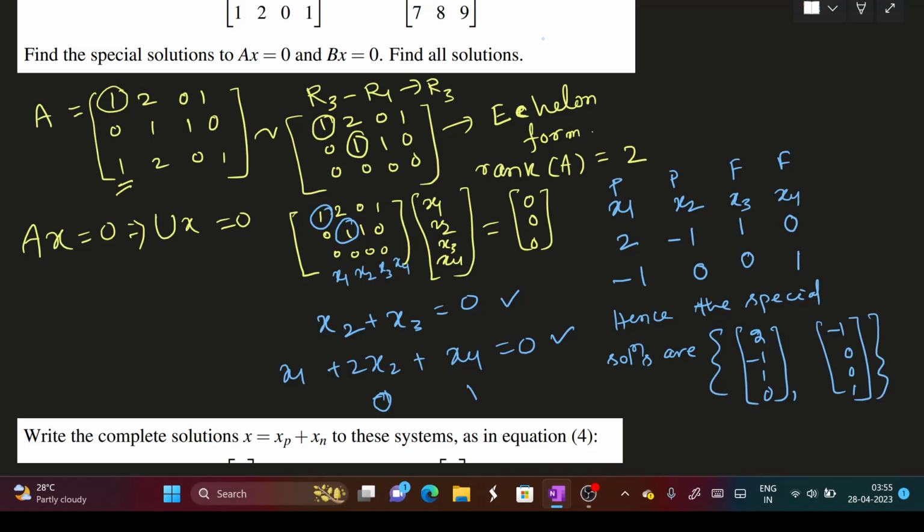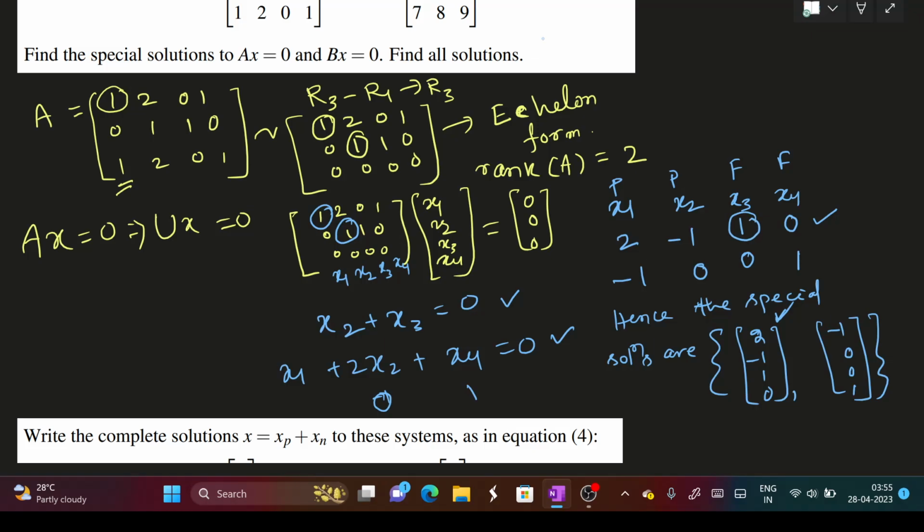I can stop here also. If I have interest, then if I am not having 100% confidence that I am writing correctly, then I will observe this vector, how I got. Which free variable is assigned with 1 to get this vector. So observe, this is my first vector. Here which variable is assigned with 1?